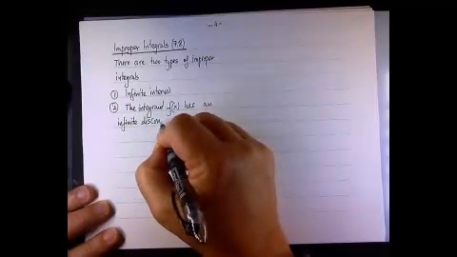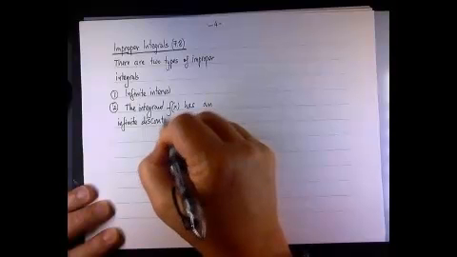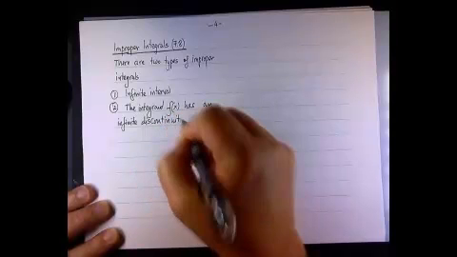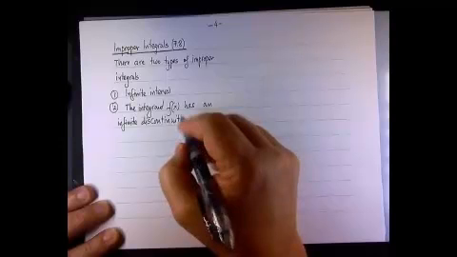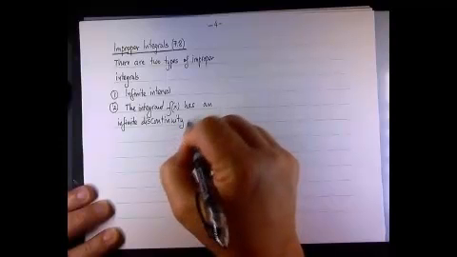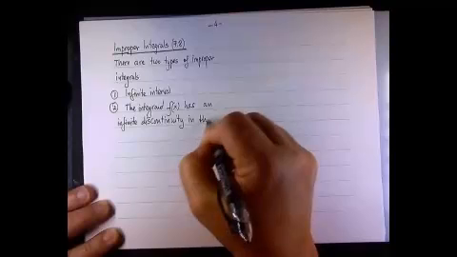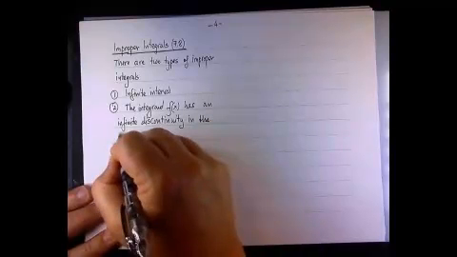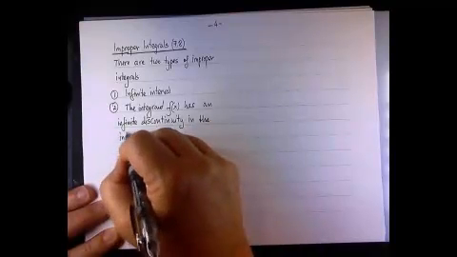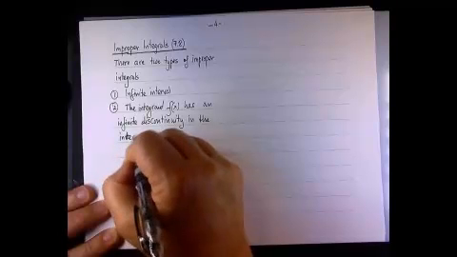By that we mean a vertical asymptote in the interval of integration.